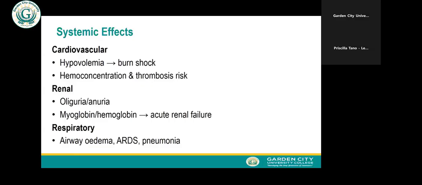And then the respiratory system. What happens? There's airway edema. We've talked about edema, and so there's airway edema over here as well.